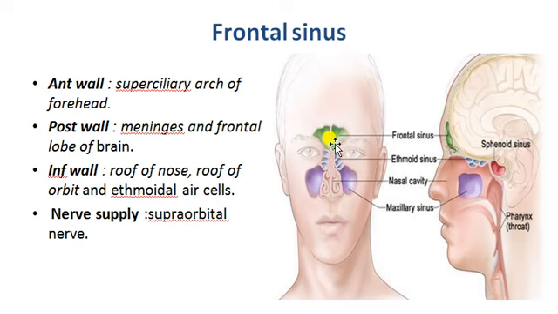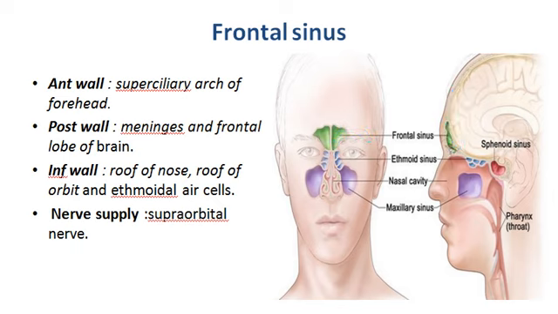The anterior wall is formed by the medial part of the superciliary arch. The posterior wall is related to the meninges, and just behind the meninges is the frontal lobe.